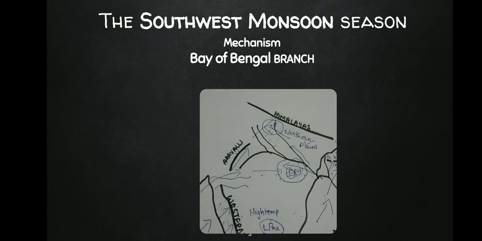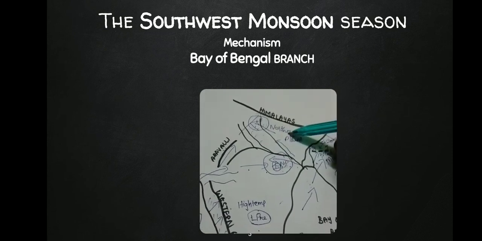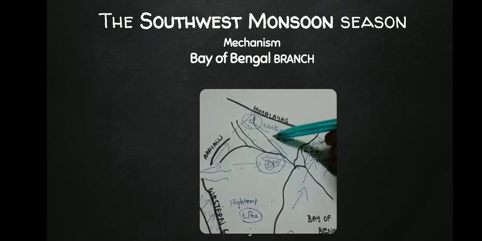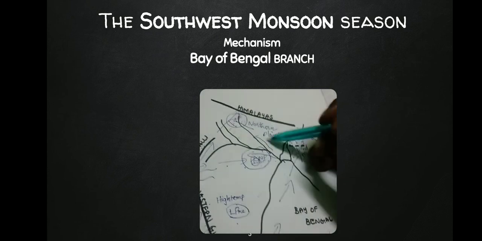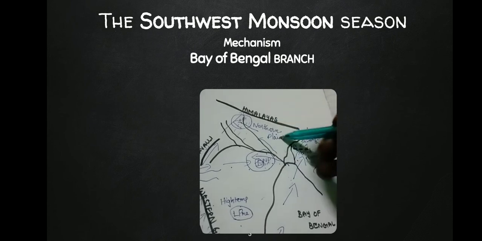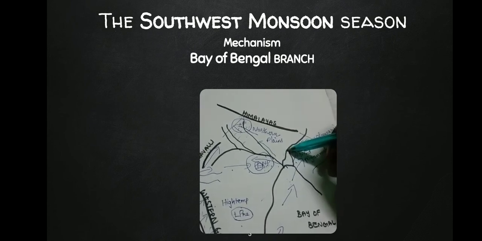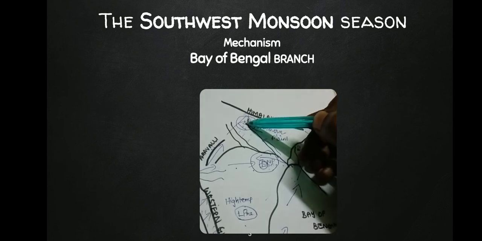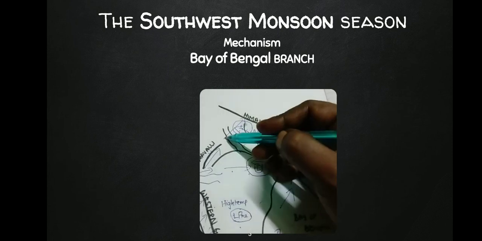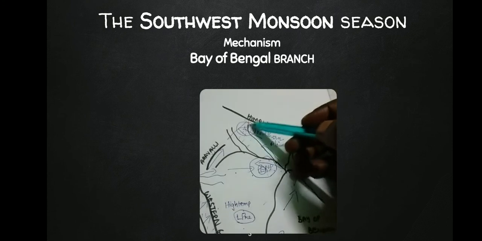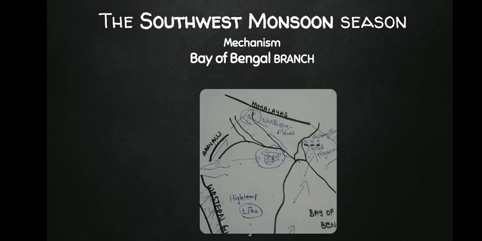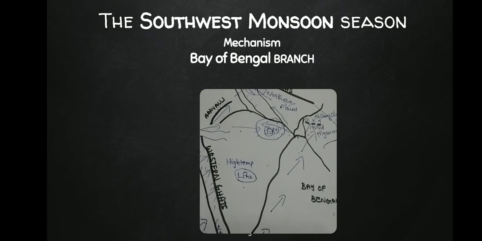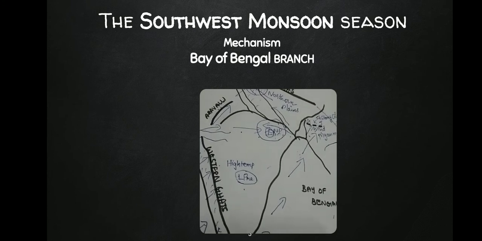So, this branch, when it reaches the foothill of Himalayas or when it meets the Arabian Sea branch, most of its moisture is shed in this region. So, when it reaches the foothill of Himalayas closer to Delhi, most of its moisture is shed. So, this is the Bay of Bengal mechanism of monsoon.